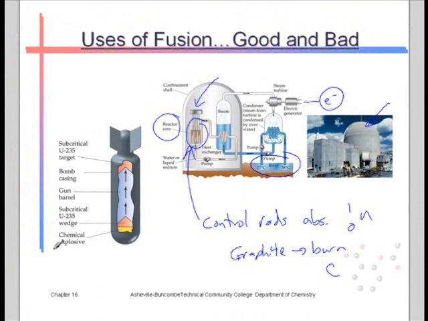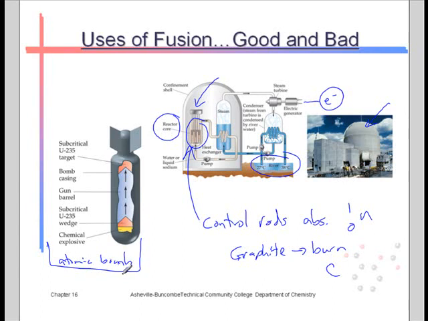Now, one of the more unfortunate uses of nuclear fission is the atomic weapon. So this is a little schematic diagram of the atomic bomb.